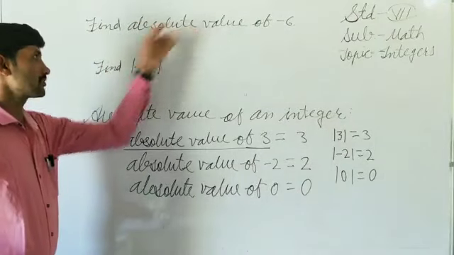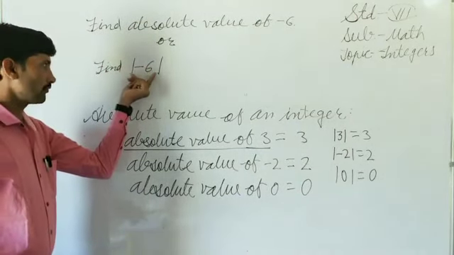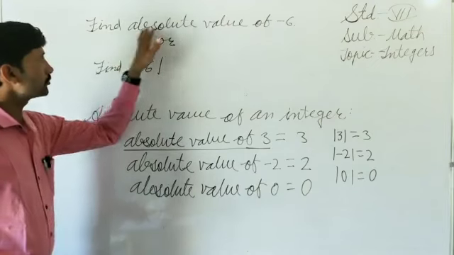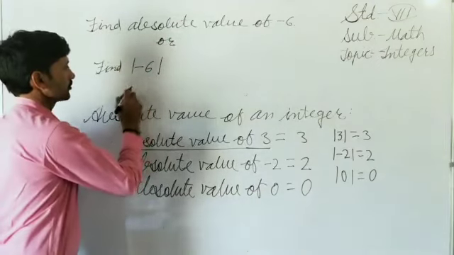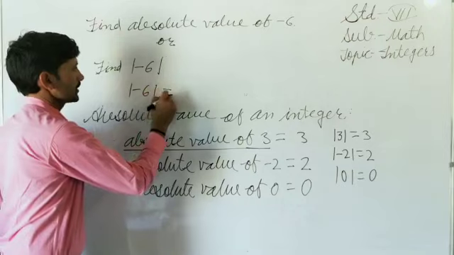Instead of this sentence, we are using the symbol here. So what will we read it as? Absolute value of minus 6. So the absolute value of minus 6 is equal to 6.